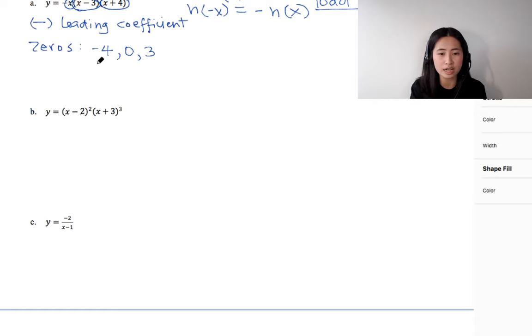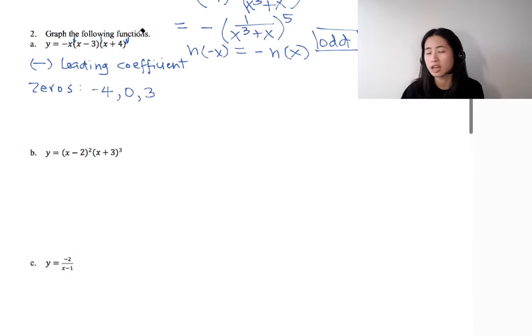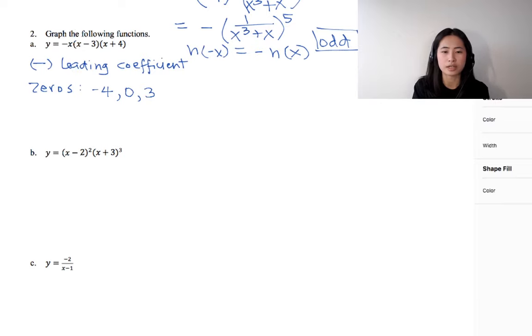So the multiplicity of negative 4 is 1. The multiplicity of x minus 3 is also 1. So let me erase this so you can see everything. This is a multiplicity of 1, and this is also a multiplicity of 1, because all of your exponents are actually 1. Does that make sense? Okay, so the multiplicities are 1, 1, and 1.